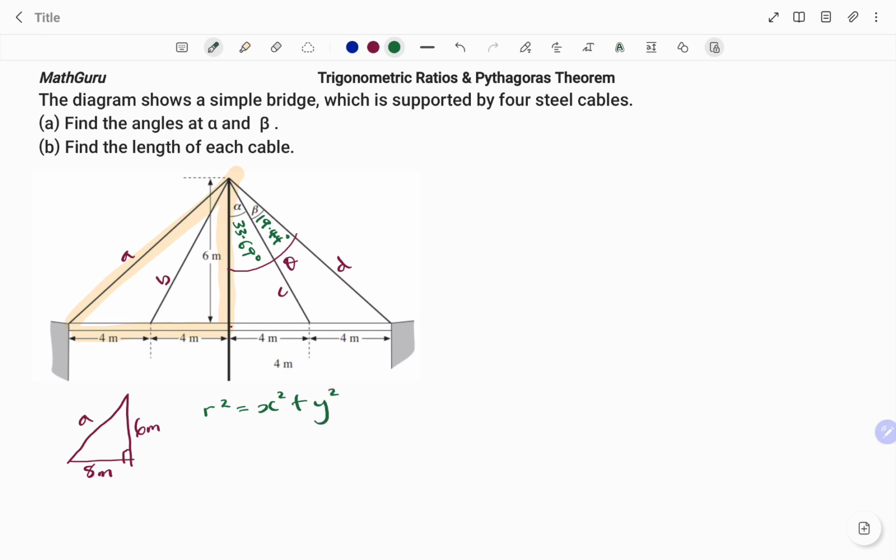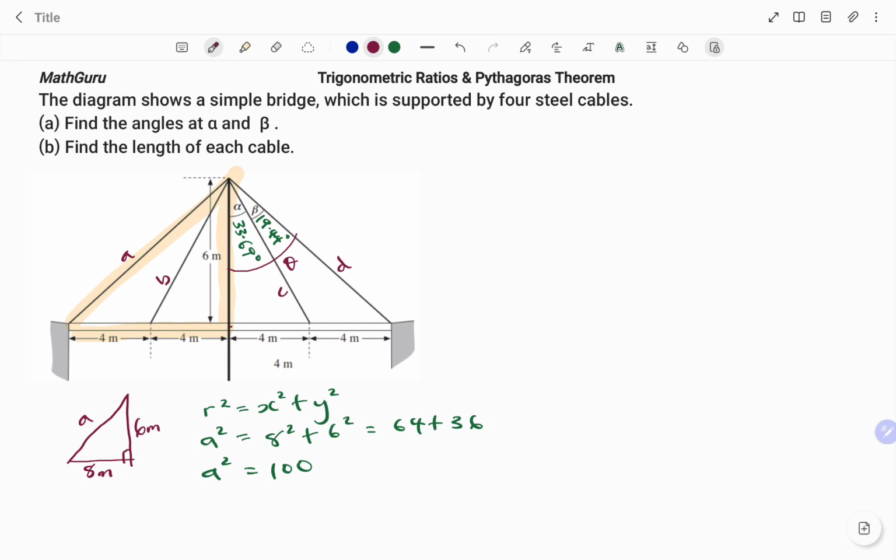The hypotenuse in this case is my A, so I have A squared equals x squared, that's the base, so that's 8 squared, plus y squared, that's 6 squared. A squared equals 64 plus 36, that's 100.